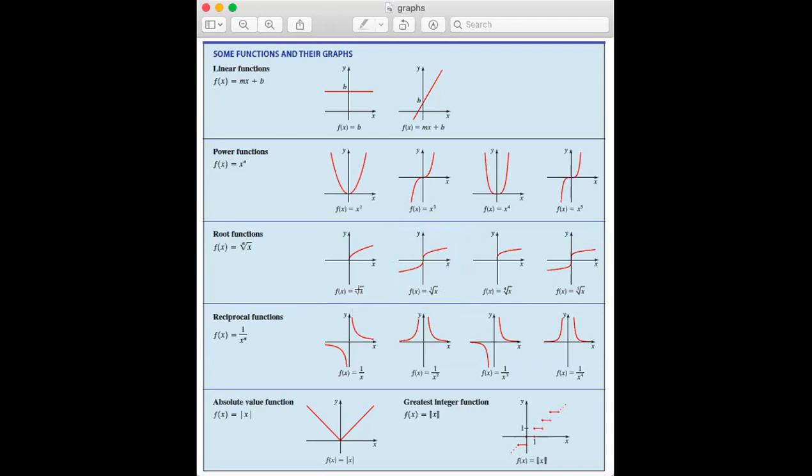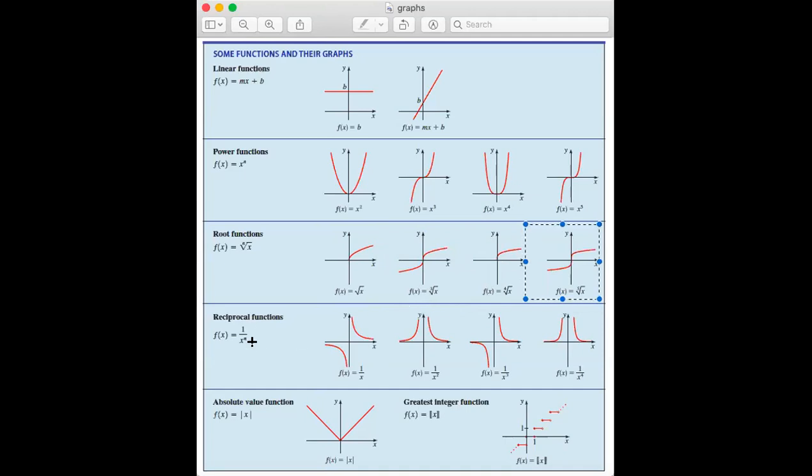Look, for the even roots, all the graphs are similar to each other. Here the root is 2, and here the root is 4. The graphs for the first one and the third one are similar. And for the second one, if the root is odd, look, the third root of x is similar to the fifth root of x.